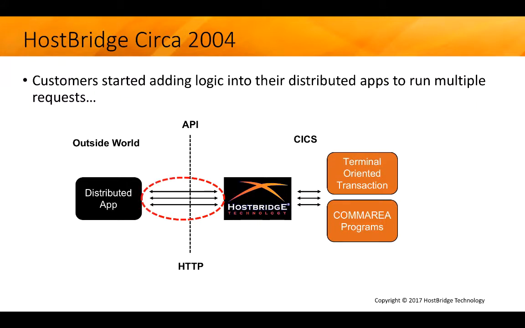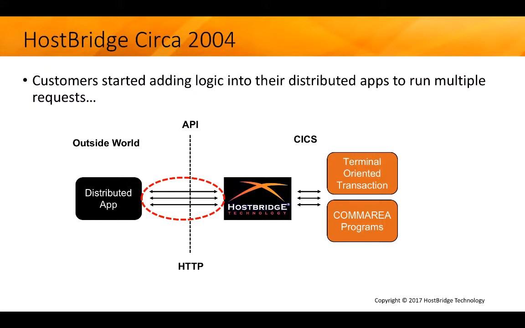Around 2004, we saw our customers using our product to add value to their organizations. A lot of them were beginning to enhance their distributed applications to make not just one call into HostBridge, but multiple calls. Sometimes they would make multiple calls to fulfill one business service.